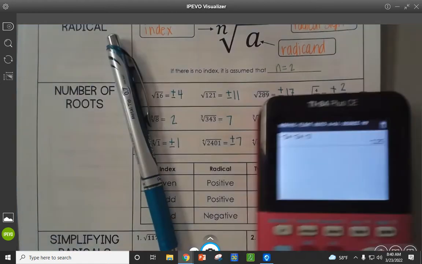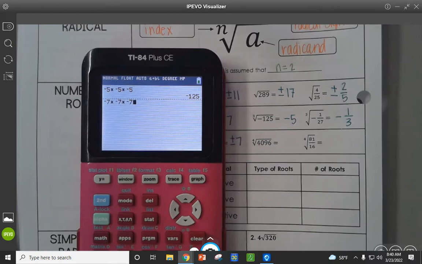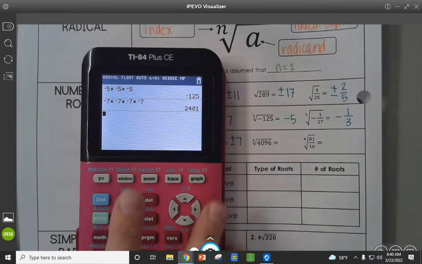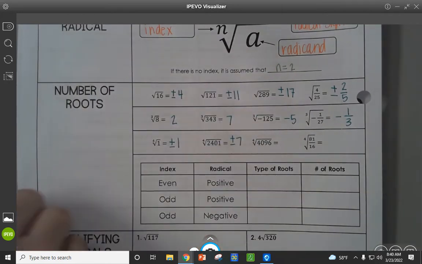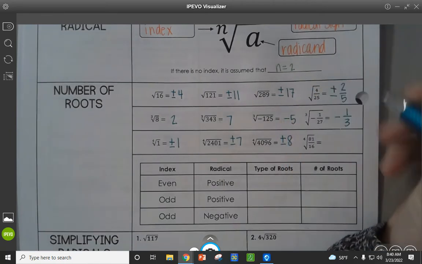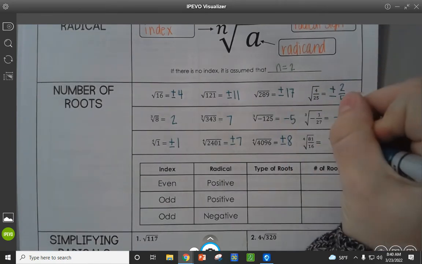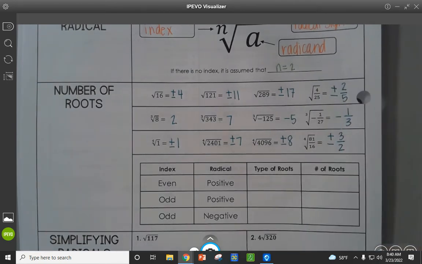Because technically I can do negative 7 times negative 7 times negative 7 times negative 7 and still get positive 2,401. So this one would be plus or minus 8. And then what about this last one? Plus or minus 3/2, 3 over 2. Good.